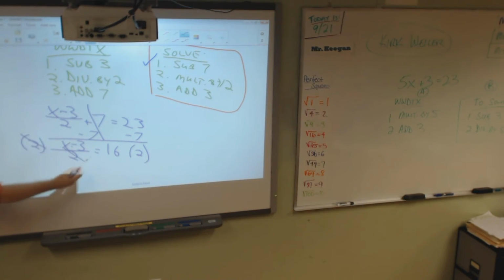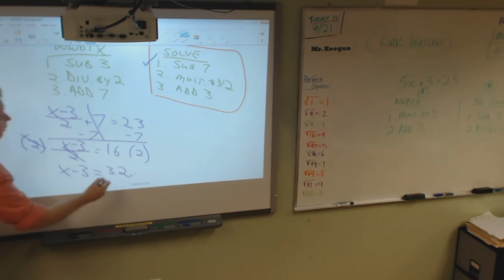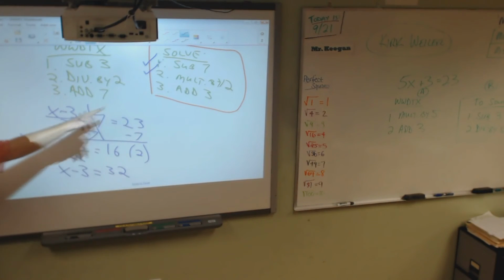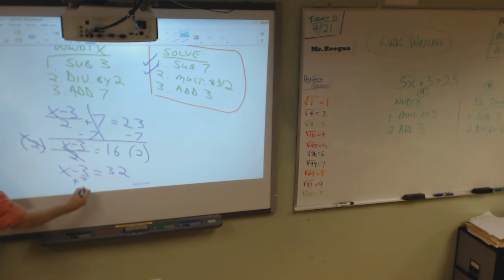They cancel each other out. That's the whole point of this. So what's left here is x take away 3 is equal to 16 times 2 is what? 32. Okay? And the last step says add 3 to both sides. You're going to get x is equal to 35.